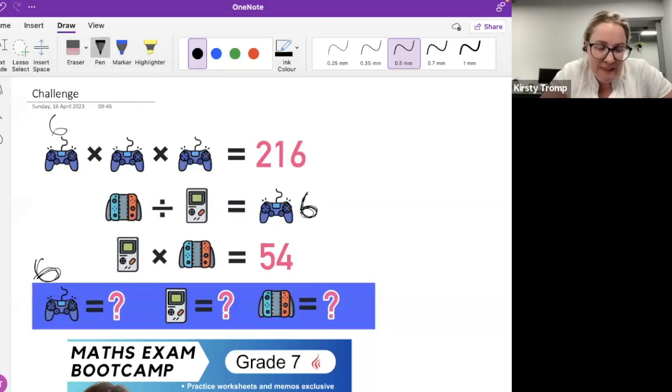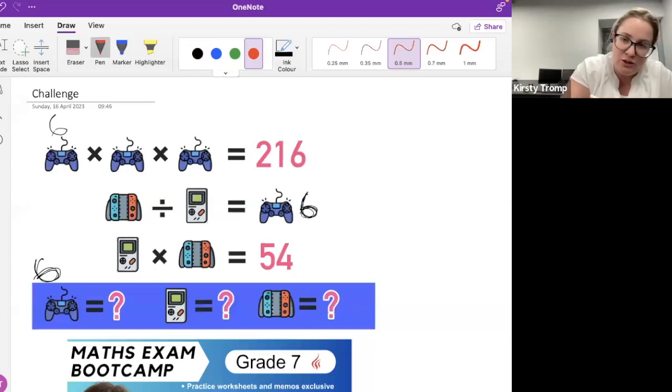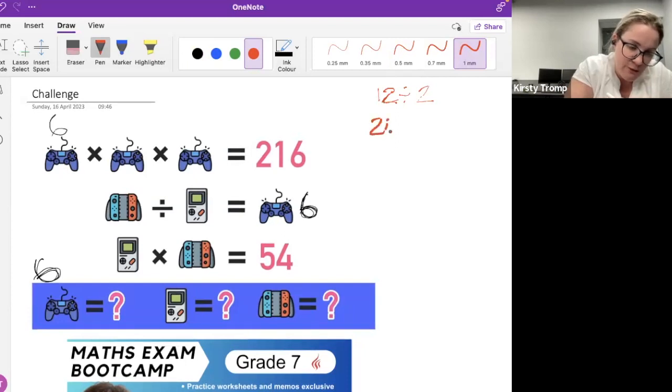Okay, so I know what. Let's see all our options. What two numbers, when I divide them by each other, will give me 6? I know it's going to be 12 divided by 2. I know it's going to be 24 divided by 3. What other numbers give me 6?